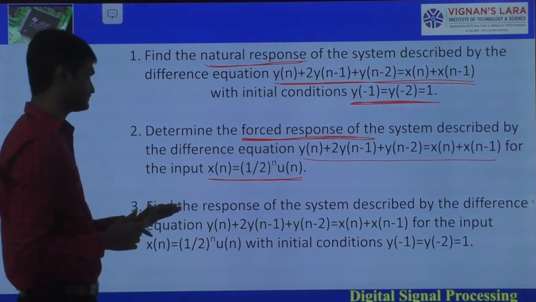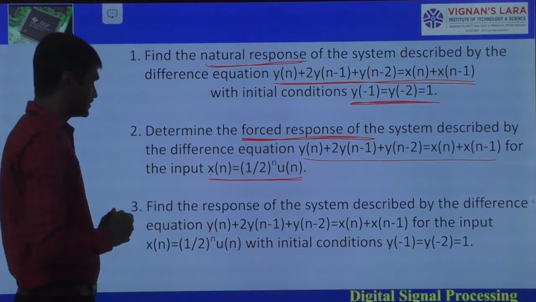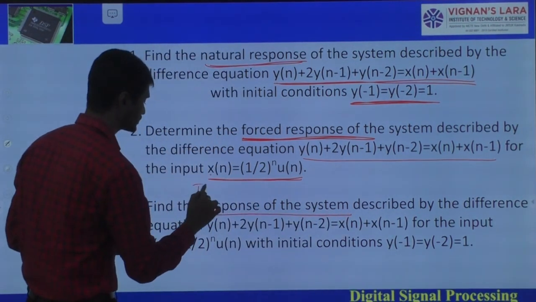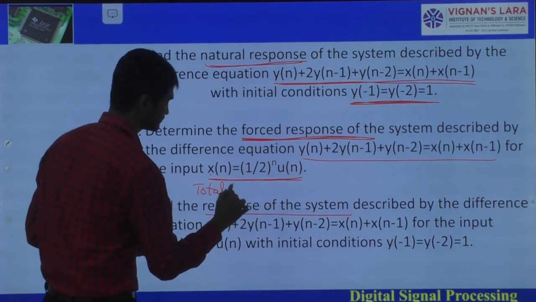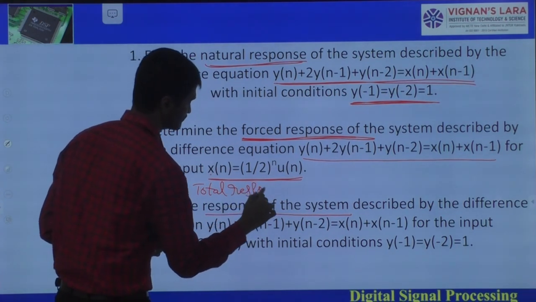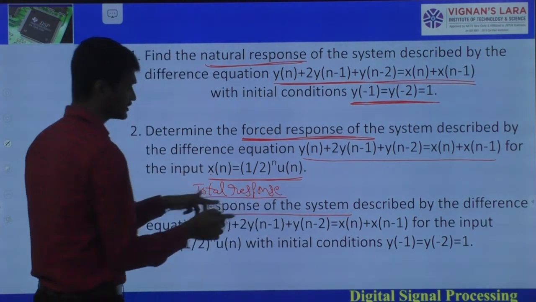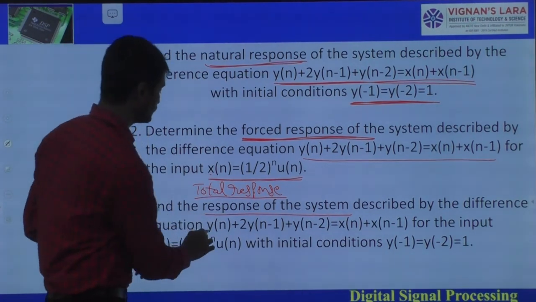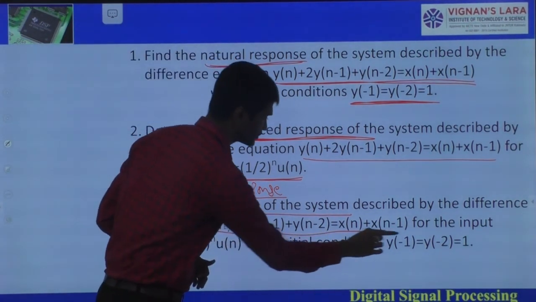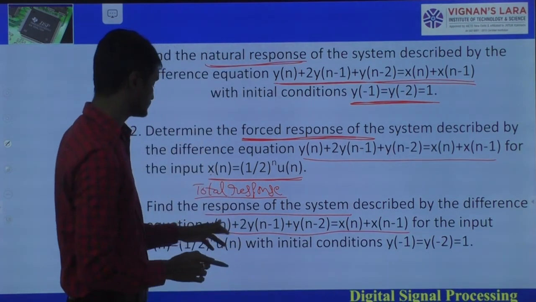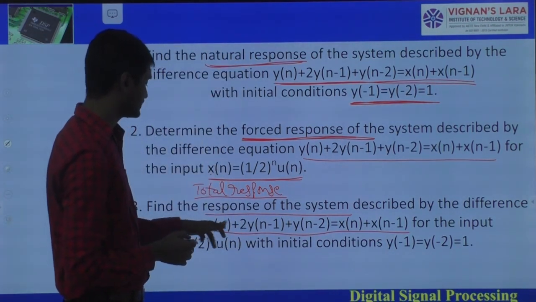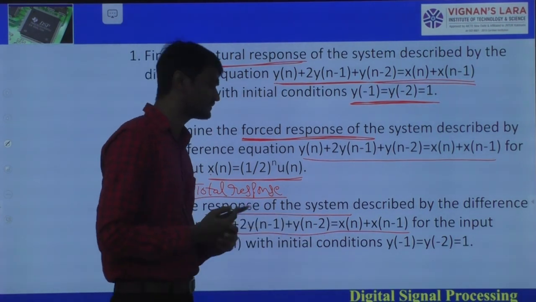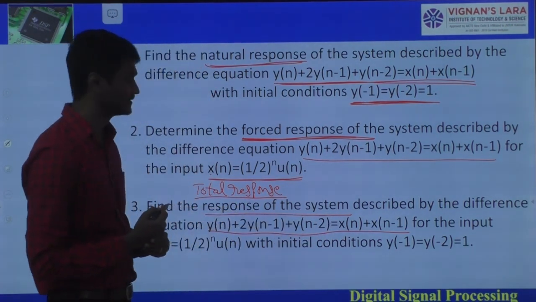Okay. Now, the third problem is to find the response of the system. Response of the system is nothing but the total response. Find the total response of the system described by the difference equation y of n plus 2 into y of n minus 1 plus y of n minus 2 is equal to x of n plus x of n minus 1.